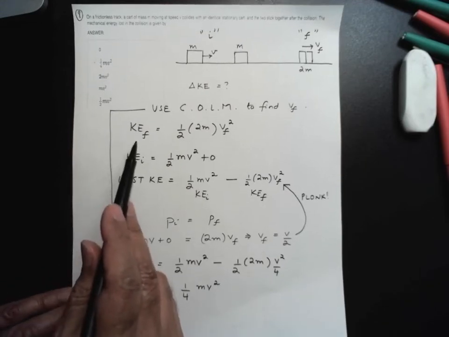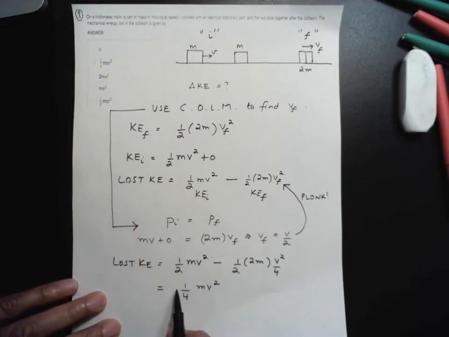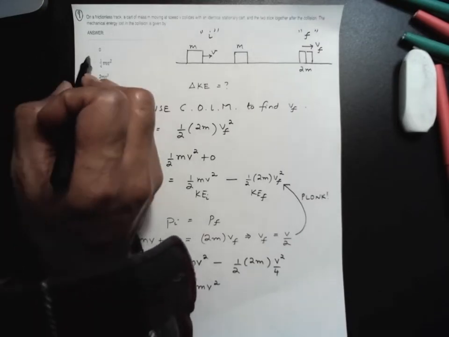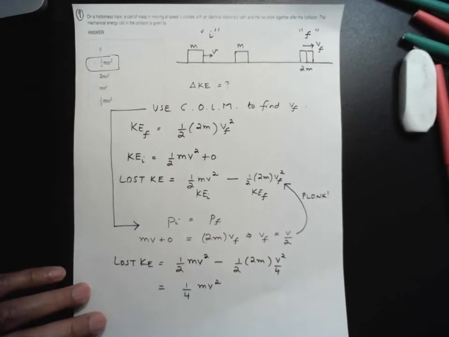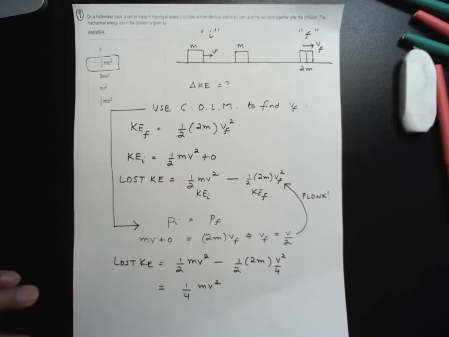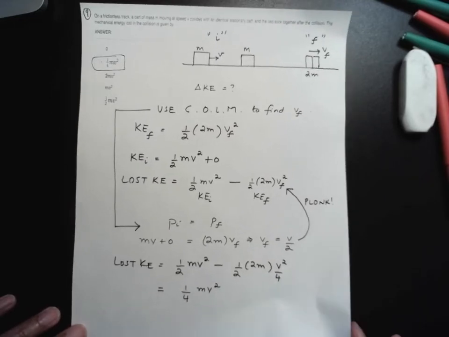If you had done KE final minus KE initial, this would have been a negative, which means that it was lost. So I get 1/4 mv squared. All right? Is that good? Any questions there? Okay.